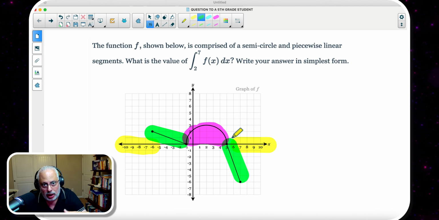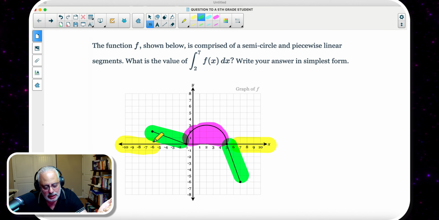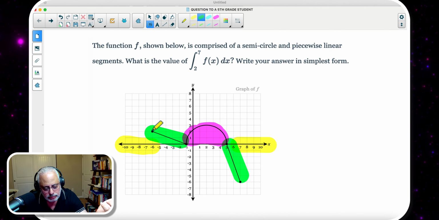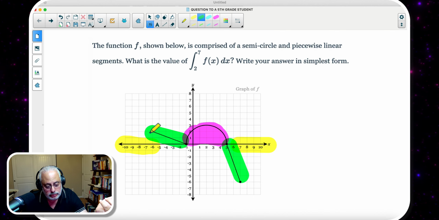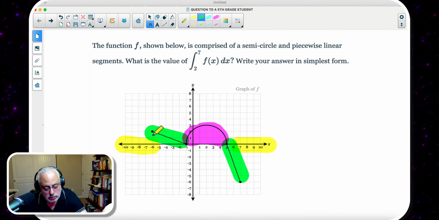And our fifth grader was able to divide by 2, because this is a semicircle. Our fifth grader was able to find the area of the triangle right here on the left, by using base times height divided by 2.